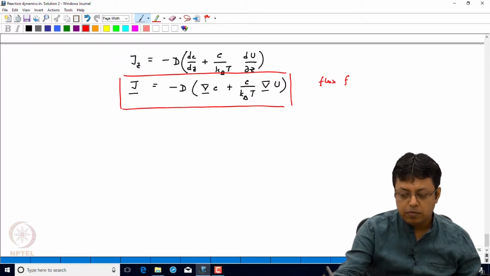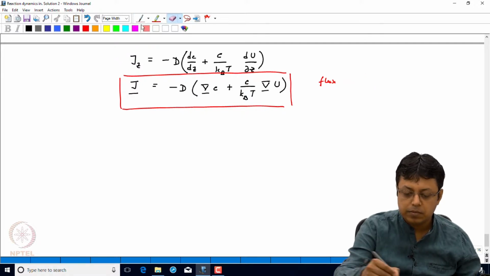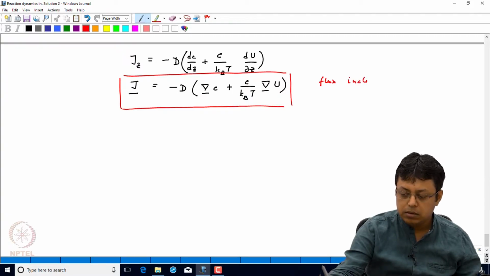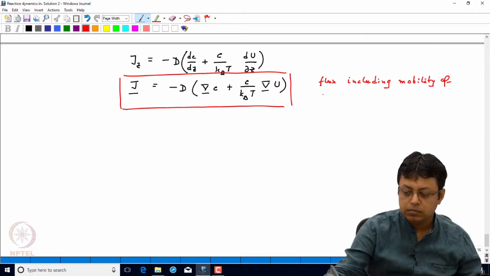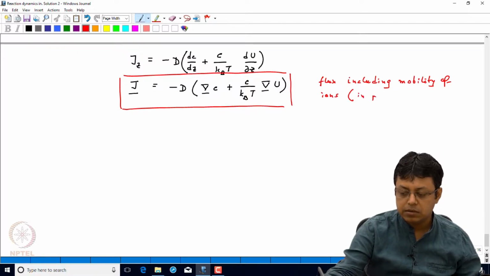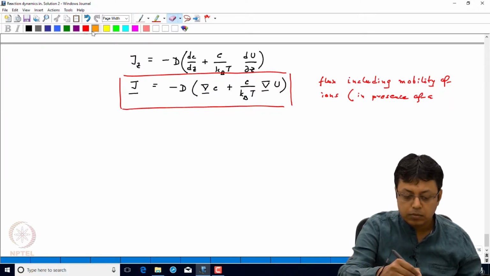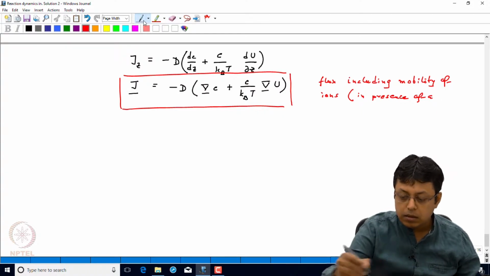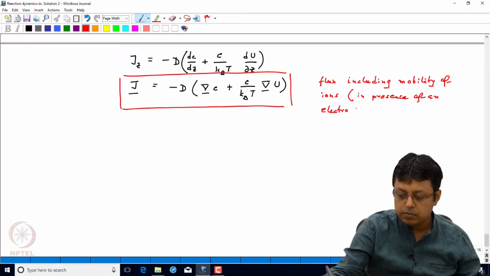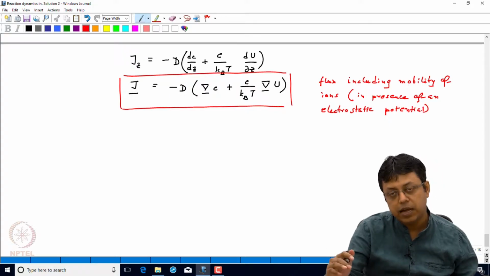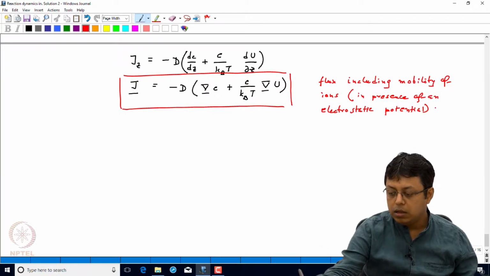So flux in 3D, or we can actually write it, flux including mobility of ions, which is in presence of an electrostatic potential, which was phi, but in this equation we have connected the phi with the potential energy, which is U, in 3D.